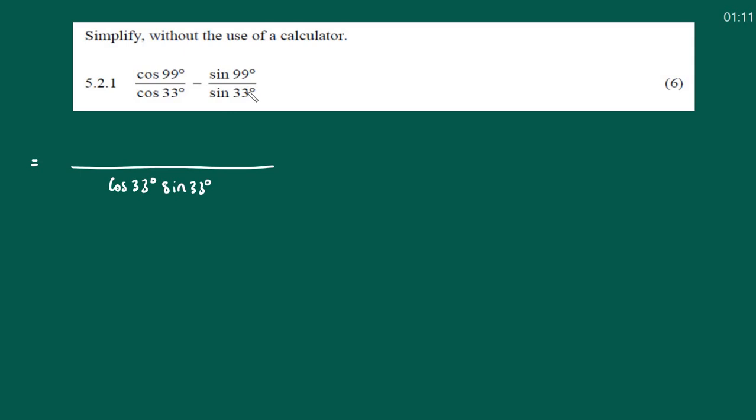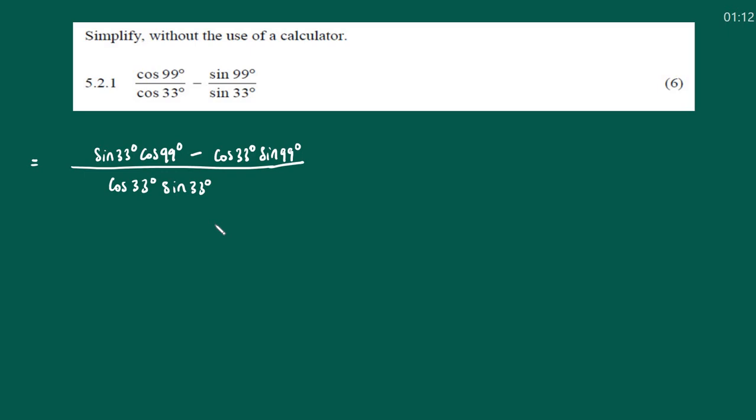And then after that, you say this one times that one, meaning sine 33 degrees times cos 99 degrees, and then you say minus cos 33 degrees, and then sine 99 degrees.